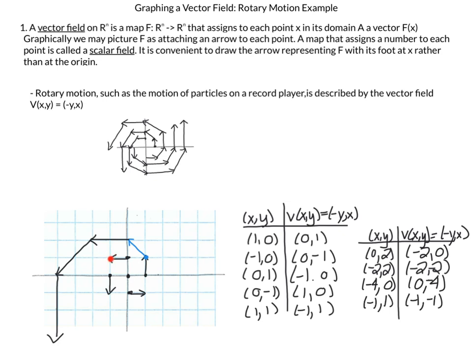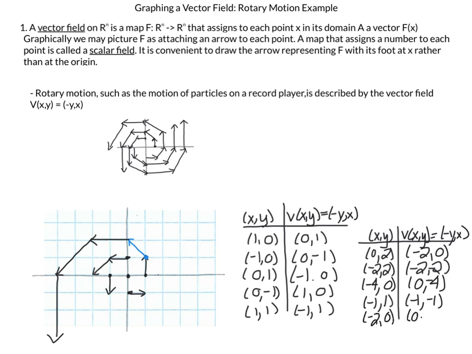So starting at this point, I'm going to have the vector negative 1, negative 1, which looks like this, but I need to move it. So I'm going to move this up over here. And now I'm going to start at this point, which is x equals negative 2, y equals 0, negative 2, 0.